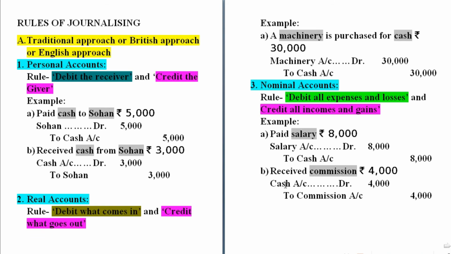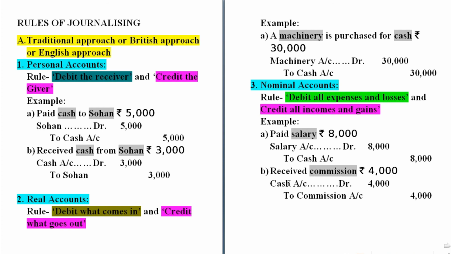Okay, so this is the traditional British or English approach of journalizing. We have three classifications of accounts and we have to follow the rules, and it is not important that all the accounts will come from only one group. Here you can see salary is coming from nominal, cash is coming from real.